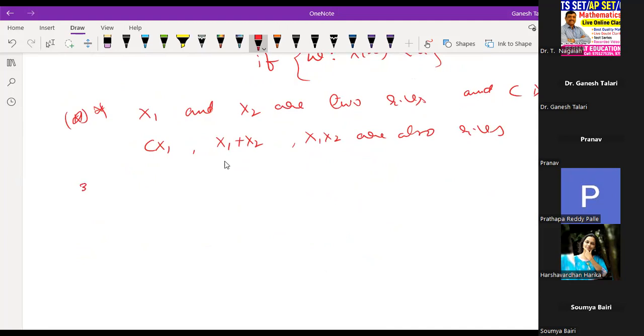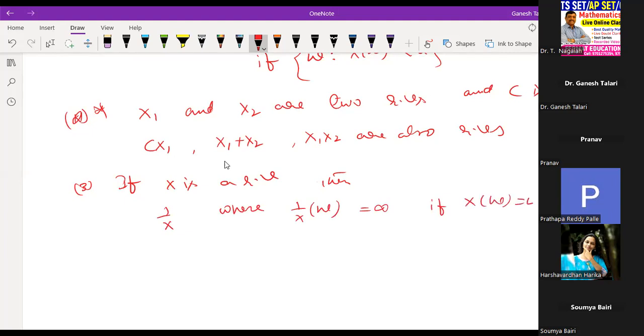If X is a random variable, let it be a random variable, then 1 by X, where 1 by X of omega is equal to infinity if X of omega is equal to 0.